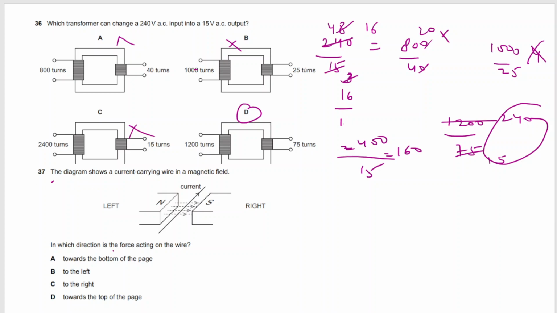Question number 37. The diagram shows a current carrying wire in a magnetic field. In which direction is the force? You can use Fleming's left hand rule.